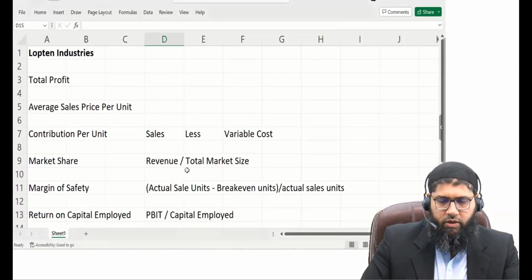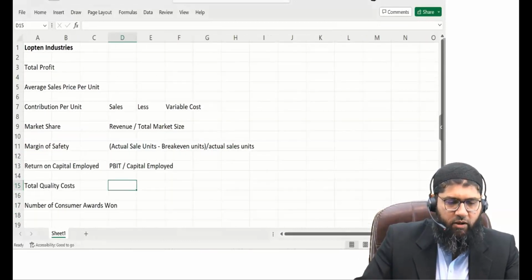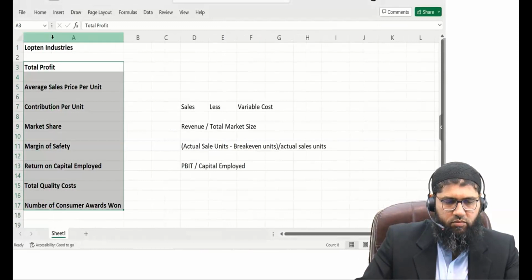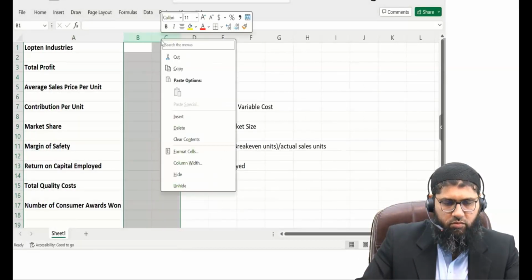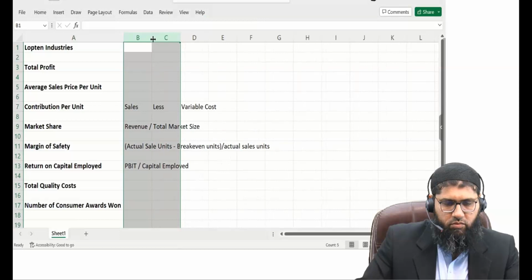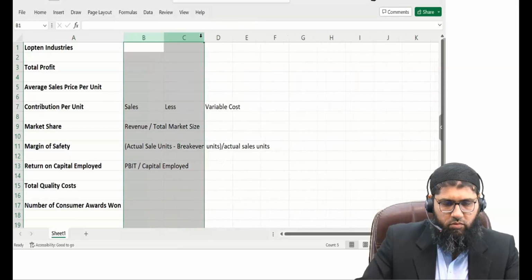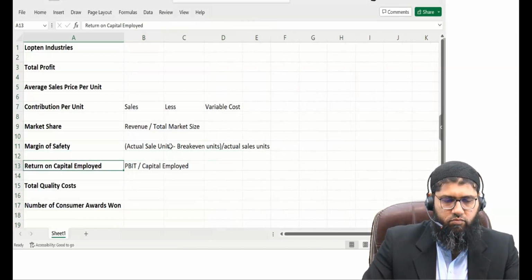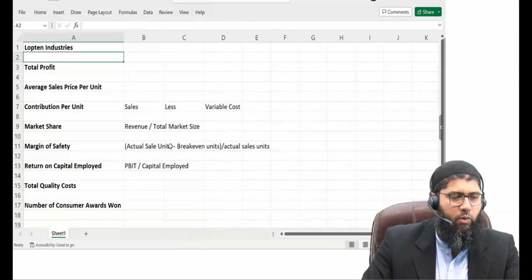Now, can you please take a screenshot of these, the ones which are required to be calculated? Yeah, so these are the ones that you have to calculate.